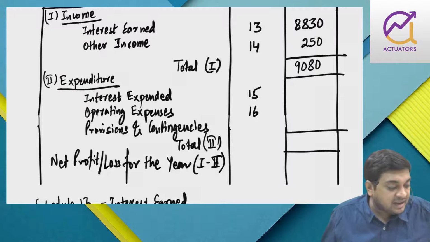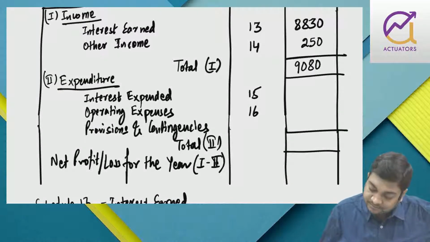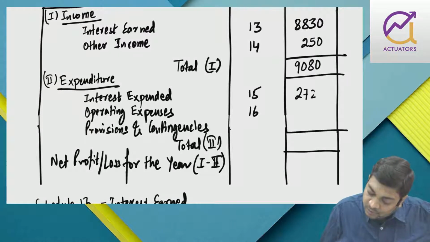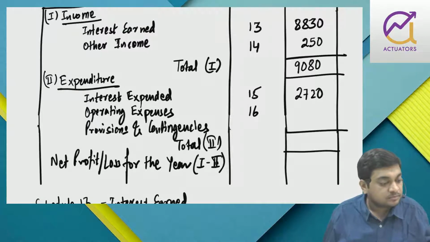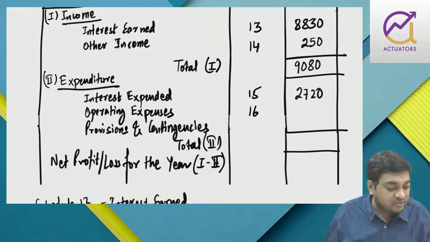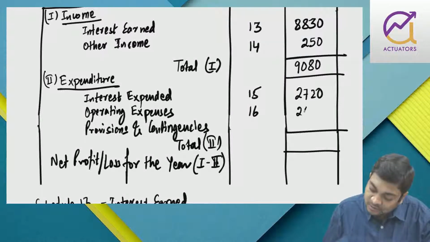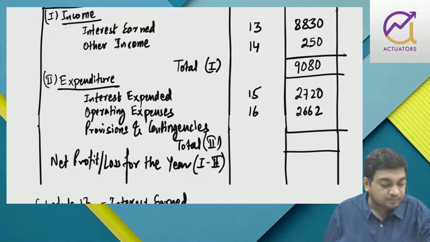Interest expended, that is interest on public deposit, 2720. Right? Next we have operating expenses, 2662.